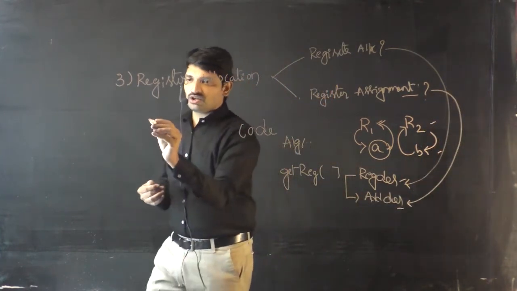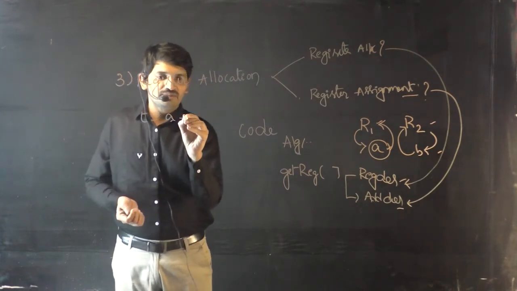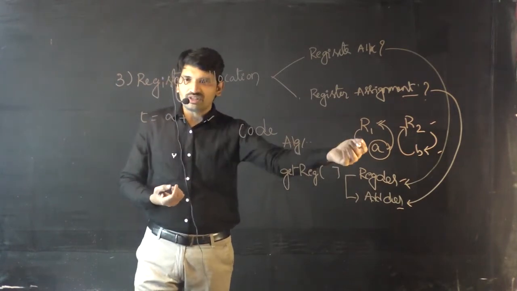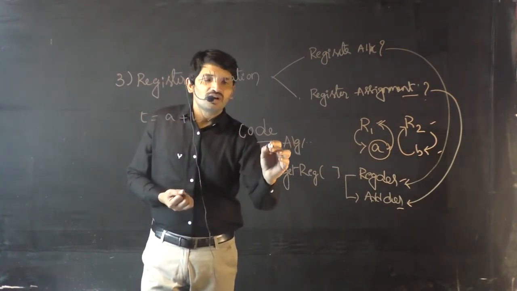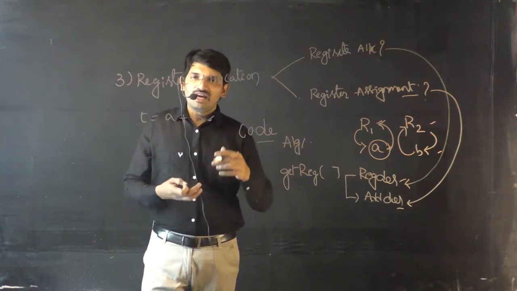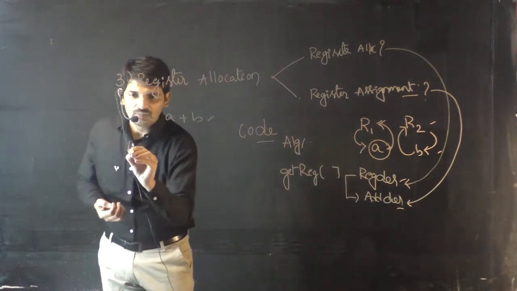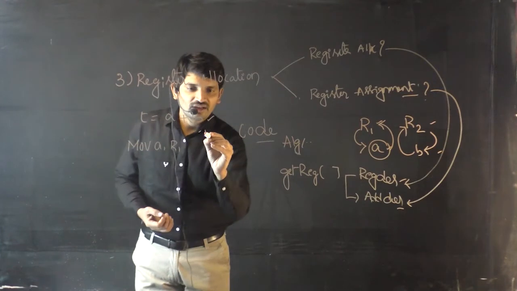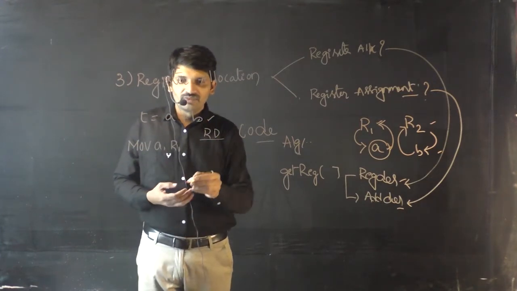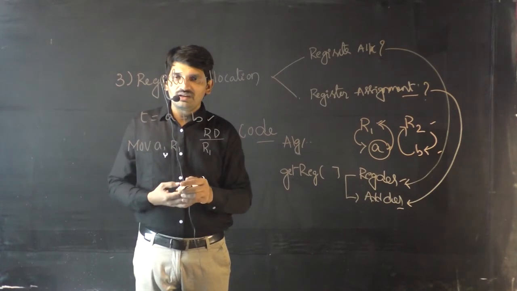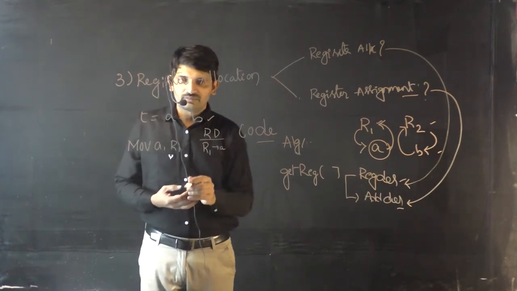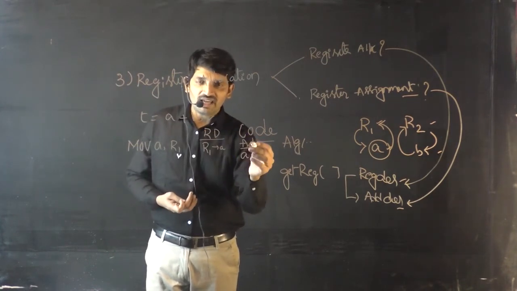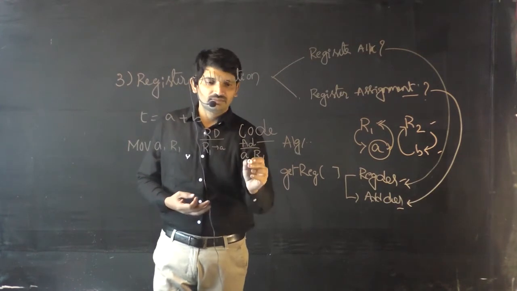Let us say there is a code T equal to A plus B. This is the 3 address code. For this 3 address code, if I generate the code using the code generation algorithm, I have to use the registers, and I write move A comma R1. So in the register descriptor, I write that register R1 is allocated to A. In the address descriptor, I write that variable A is assigned to R1.